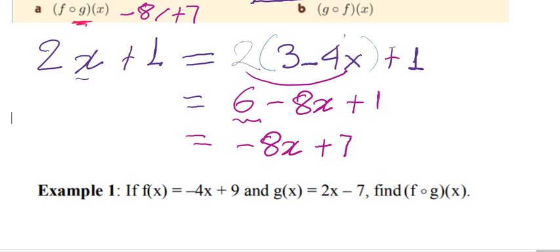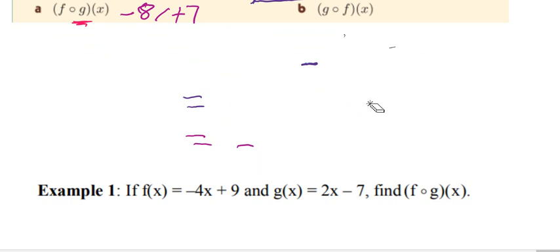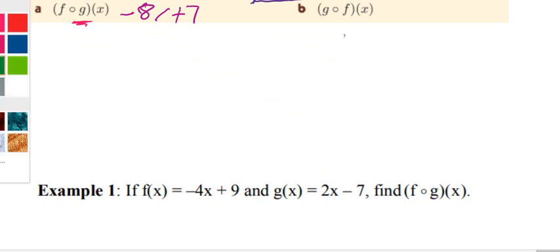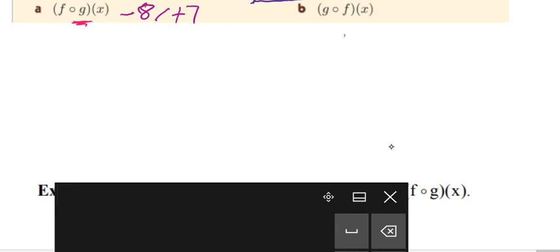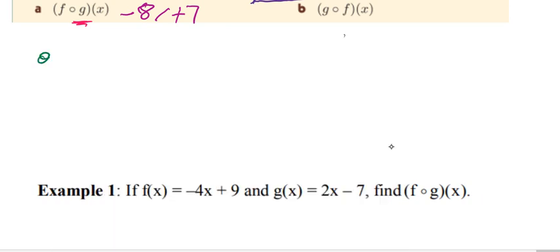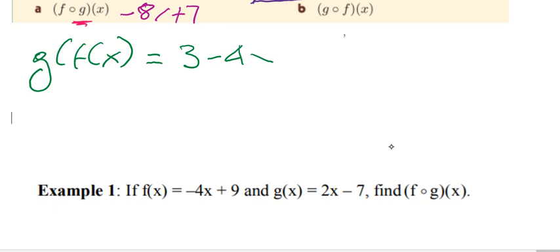Now I'm trying to see how this will become the other way, when the g is outside and the f is inside. I will make it green so we don't have any problem. So I'm writing g of f of x equals, what's my g? 3 minus 4x.